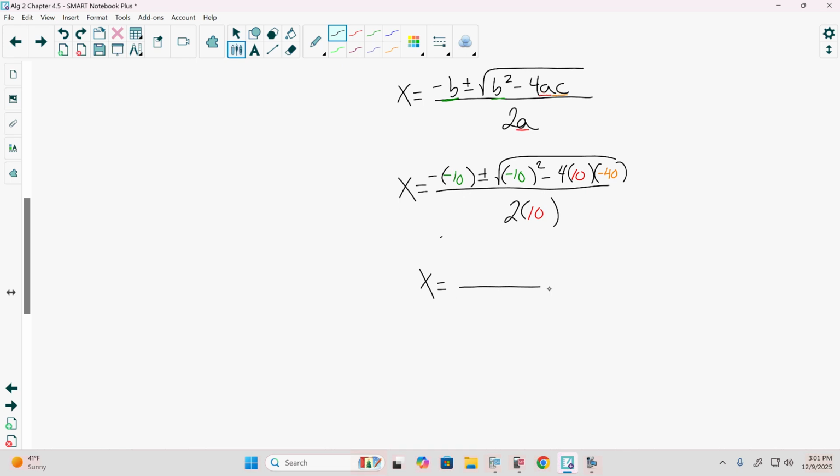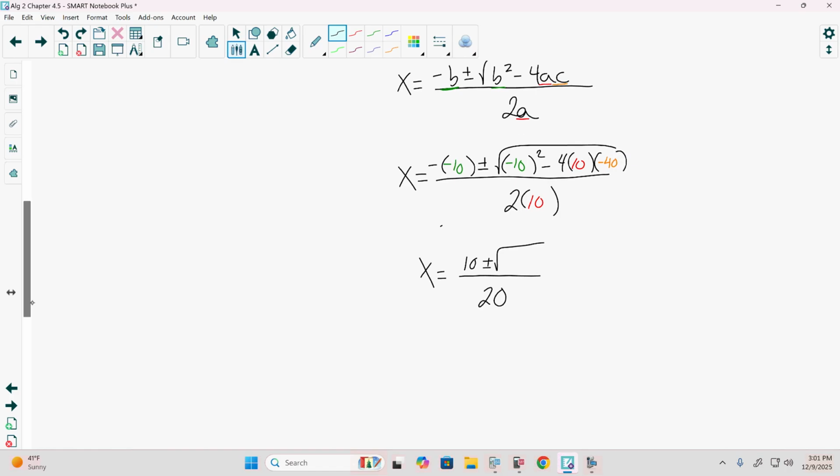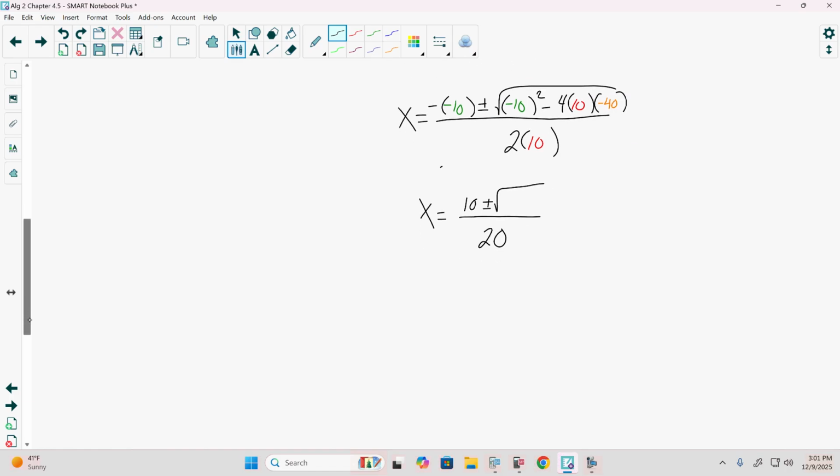Negative, negative 10. The negative and negative will make a positive, so it's positive 10. On bottom, 2 times 10 is 20. Now, the only other thing we have left to simplify at this point is everything inside the radical. So our negative 10 squared minus 4 times 10 times negative 40.